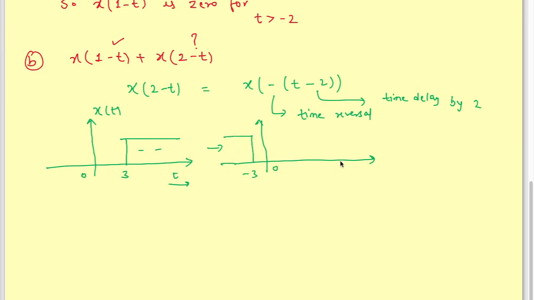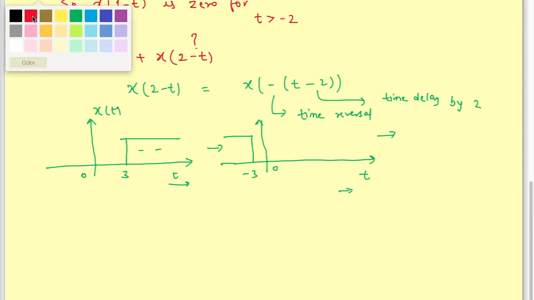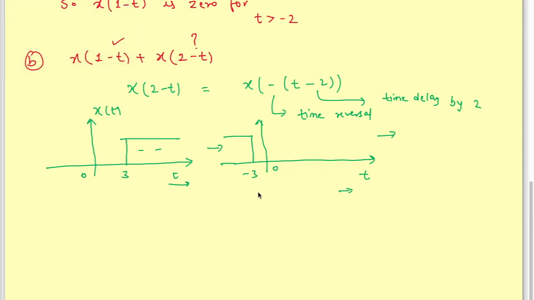Then I have to do delay by 2. Delay by 2 means minus 3 plus 2 equal to minus 1. So it will look something like this, minus 1, 0 and t. This is x of 2 minus t.